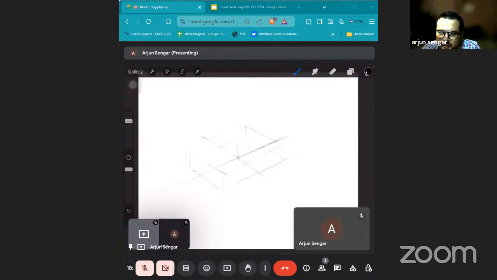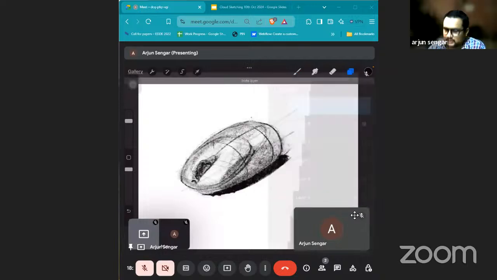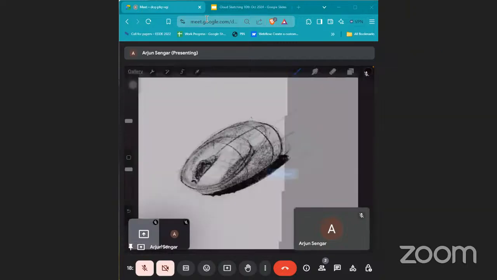Did you get my message? I think you want me to do the mouse example. Is this what you are trying to say? Explain once more. Type it in the chat box what you are trying to say.